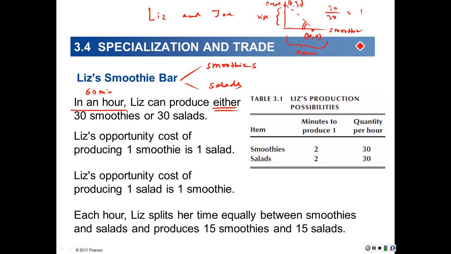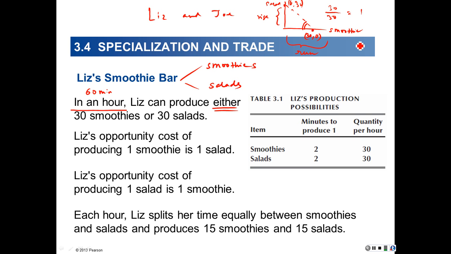And what's the meaning of that slope? We just discussed that. What would be the meaning of that slope in terms of opportunity cost? For every one smoothie she makes, she'll be losing one salad. Exactly. We've learned that the slope of the PPF has an opportunity cost meaning. Do you recall this?